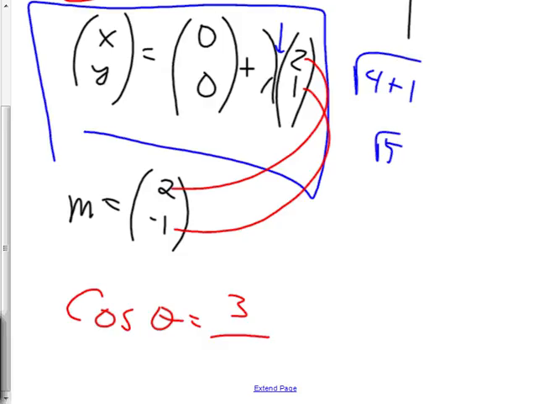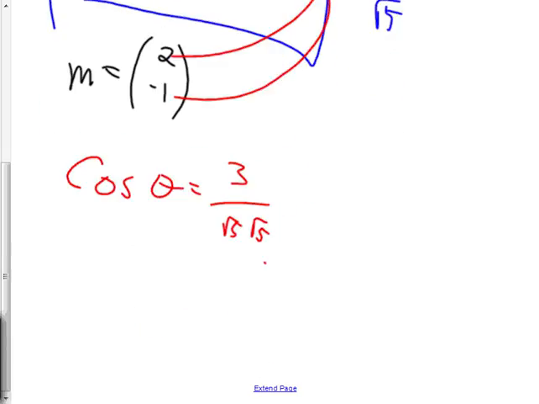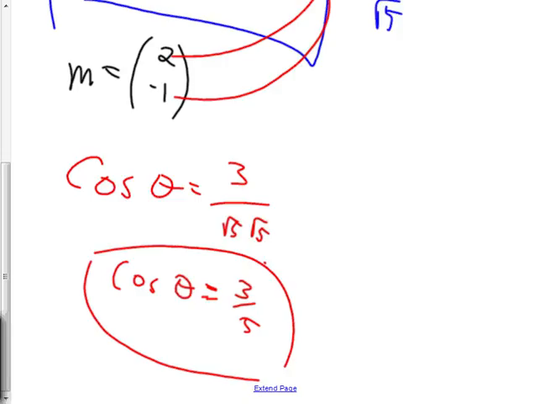The magnitude of the first one is root 5, and the other one's also root 5. That's kind of weird, but when you multiply them, you get root 25, which is 5. And so cosine of the angle is 3/5. How do I figure it out from there? You use what on your calculator? Inverse cosine of 3/5. All right, good.